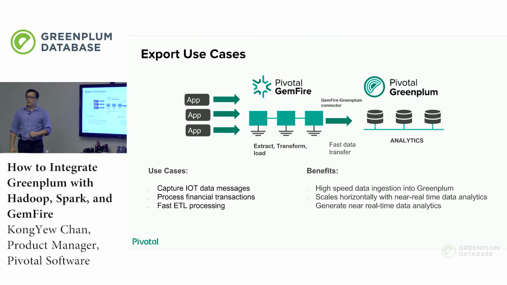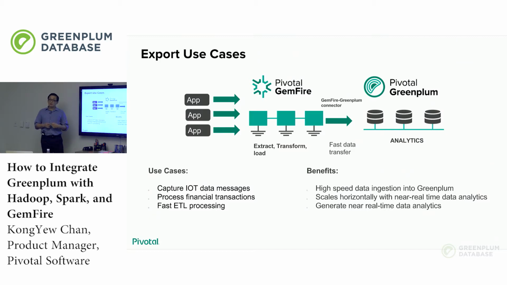We talked about import. Obviously, the next option is export. I did mention that export is getting the data from GemFire into Greenplum. The typical use case is that you want to load the data at high speed. For example, Internet of Things creates a lot of messages, and those messages need to be processed before loading into your data warehouse. Since GemFire is an in-memory data grid, it is able to load the data at high speed because it's not writing data into files.